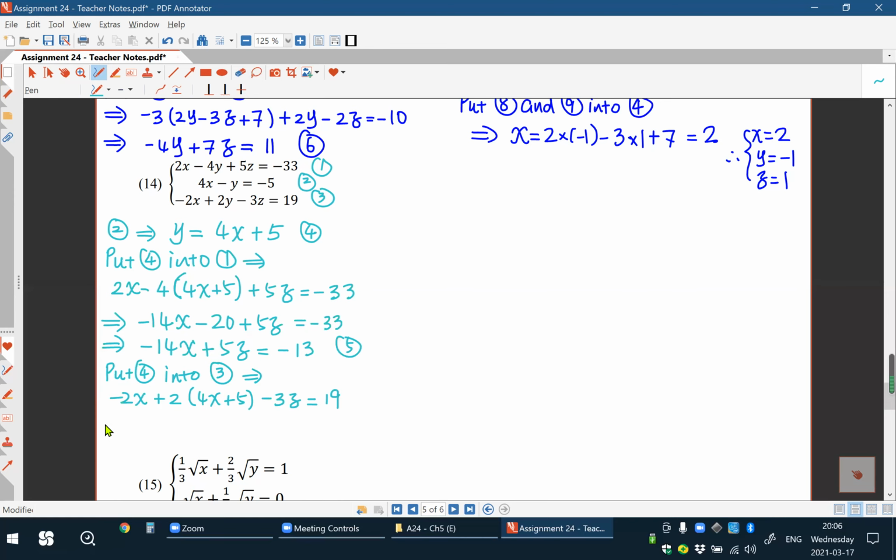Let's simplify this to 6x plus 10 minus 3z equals 19. And this is actually 6x minus 3z equals 9.